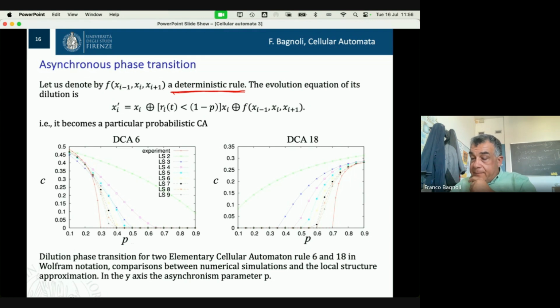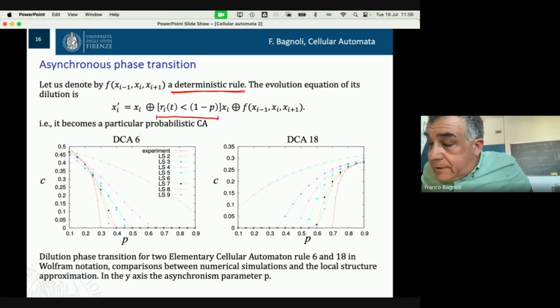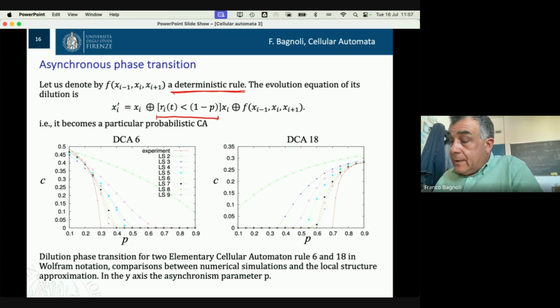You take a random number, you compare it with a certain probability or the opposite of this probability, and if this is true, so with probability 1 minus p, you see that you cancel this and you get the actual simulation.